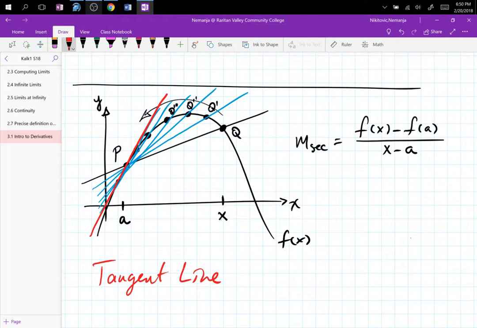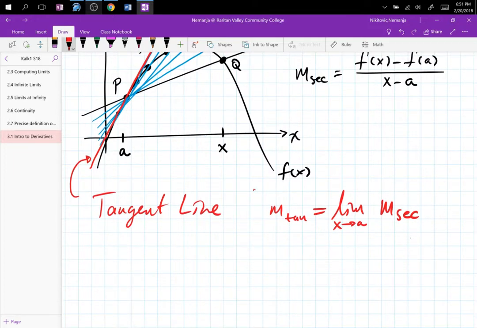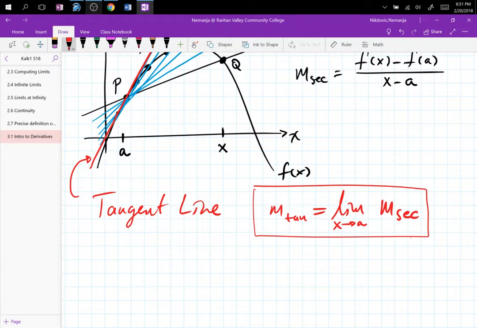And the tangent line, so that's this red line, has the slope m tangent, which is equal to the limit of m secant as x goes to a. Now that's a concept. You can't use this to compute anything. But it's a mathematical concept and one of the most important ones that we have in Calc 1.